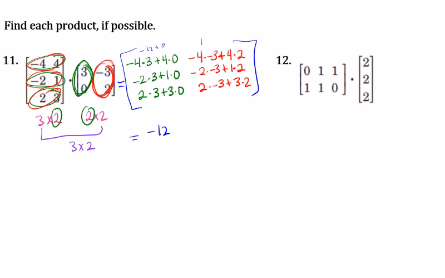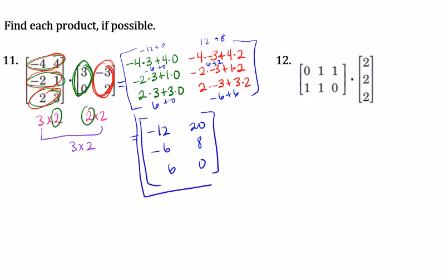Here we get positive 12 plus 8, so that's 20. Okay, here we get negative 6 plus 0. Here we get positive 6 plus 2. And here we get 6 plus 0. And here we get negative 6 plus 6. All right, so that's our resulting matrix.